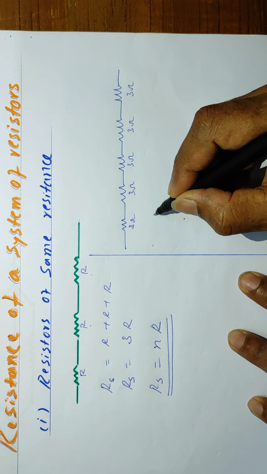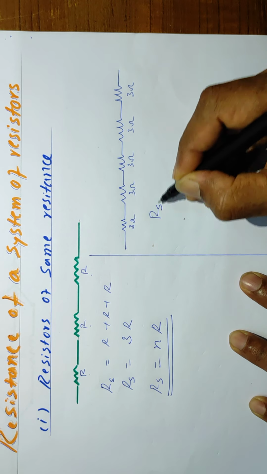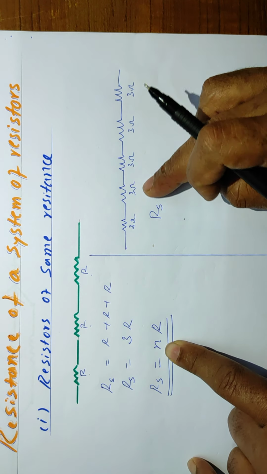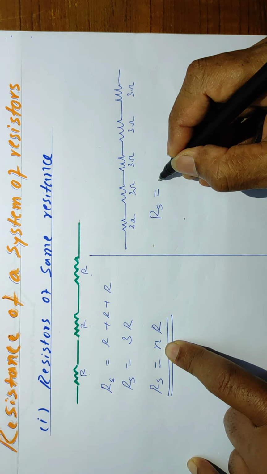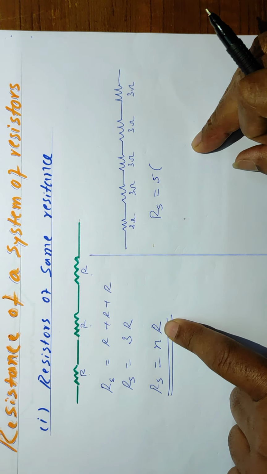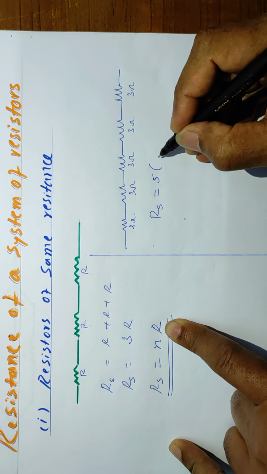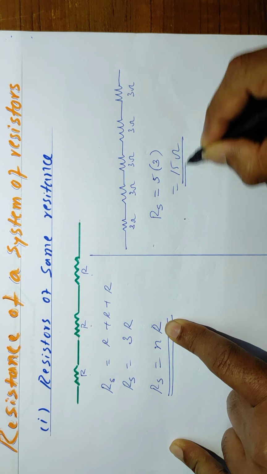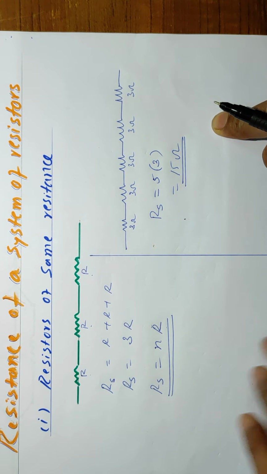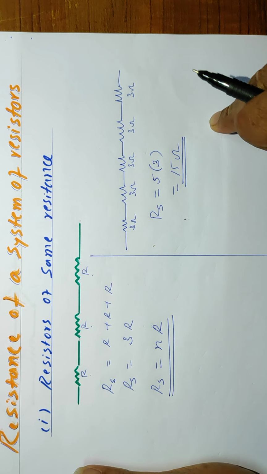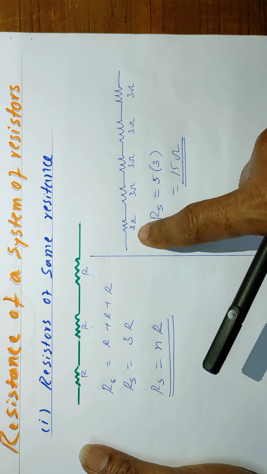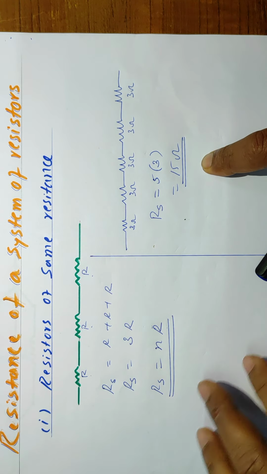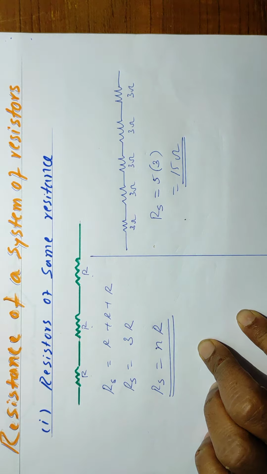The equivalent resistance of the combination is RS is equal to nR. n stands for number of resistors. How many resistors are there? 5. And R is the resistance of each, that is 3 ohm. That gives you 15 ohm. The equivalent resistance of the combination is 15 ohm. That is equal to 3 plus 3 plus 3 plus 3 plus 3, that is equal to 15 ohm.